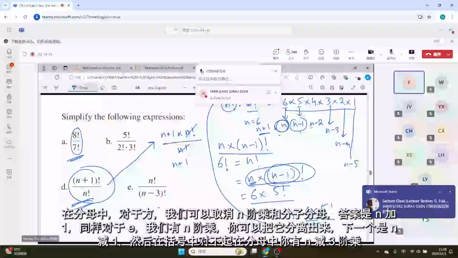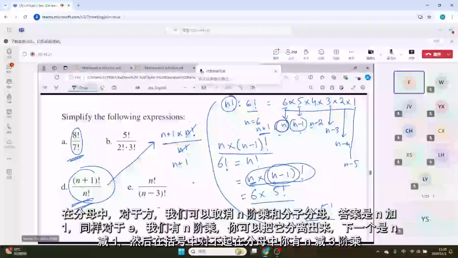Similarly, for E, we have n factorial. You can separate that out.